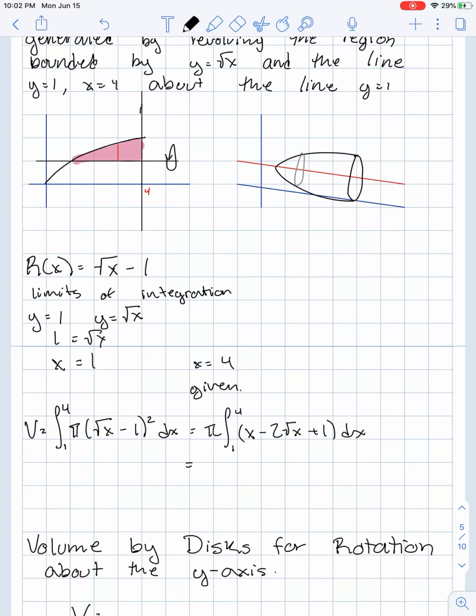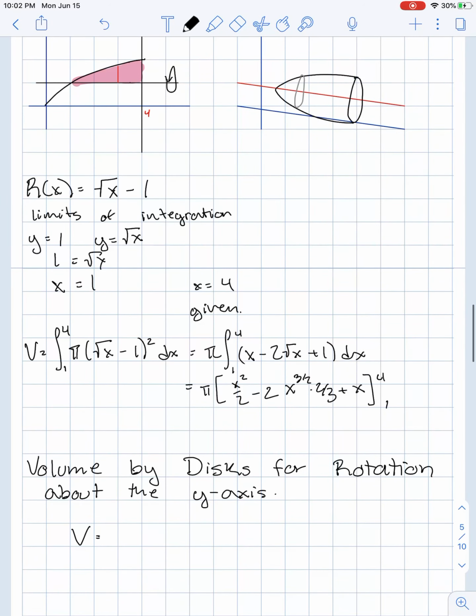And that's going to equal, leave that pi out for a little bit, x squared over 2 minus 2x to the 3/2 times 2/3 plus x. We're going to integrate that from 4 to 1. And to save ourselves some space and time, we work that out, and we will get 7 pi over 6.